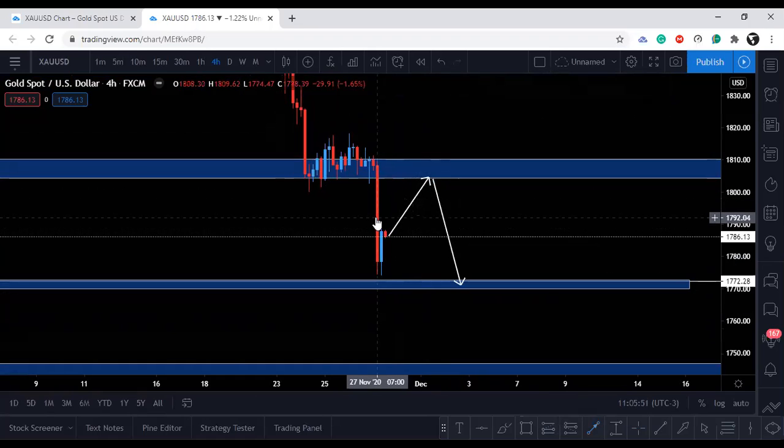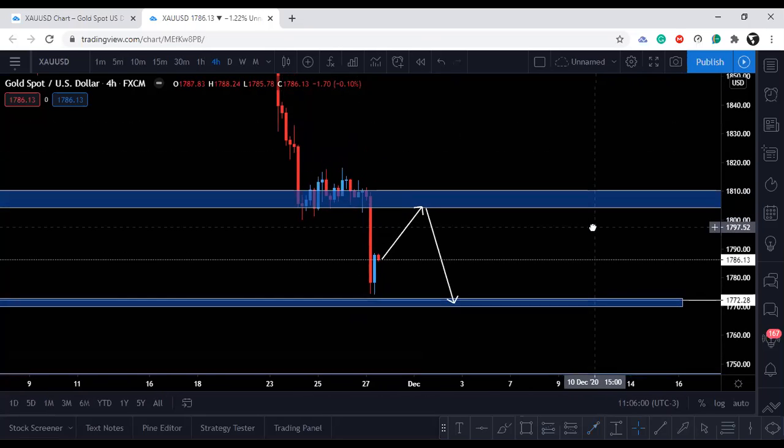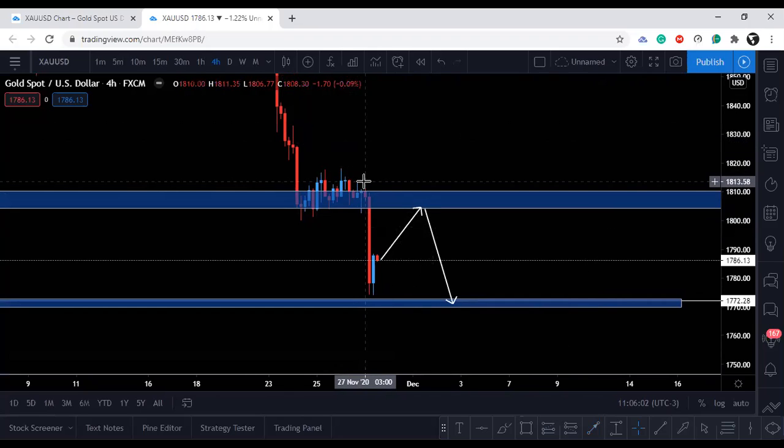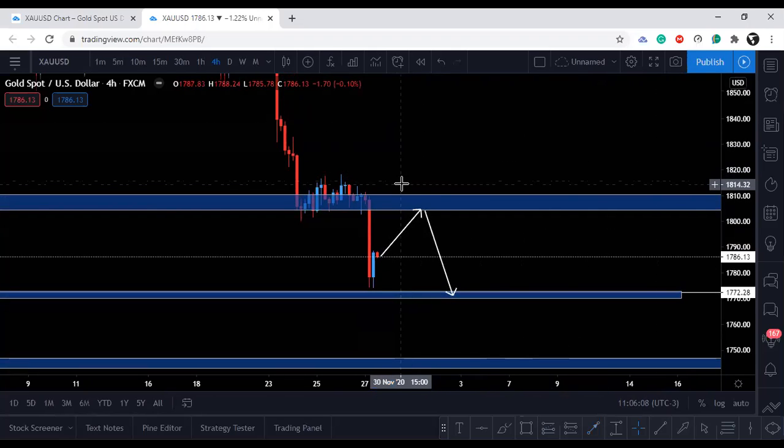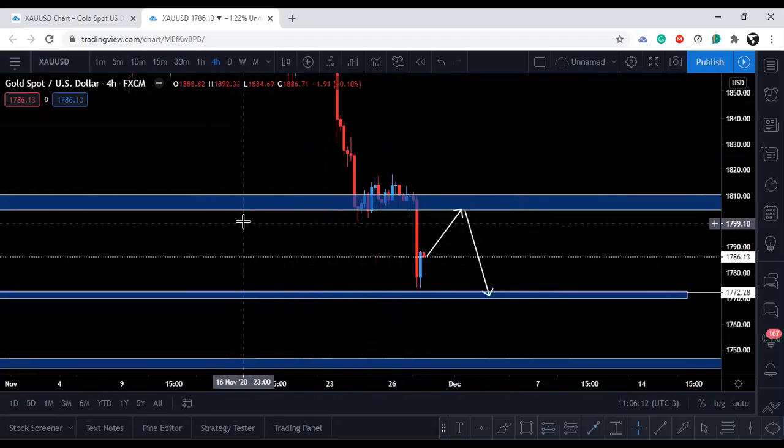But if somehow price breaks the level on the high side, let's say price breaks this 1815 level, then I think sell would not be a good option. Then we can look for the buy option, because this is a good structure here, 1800.